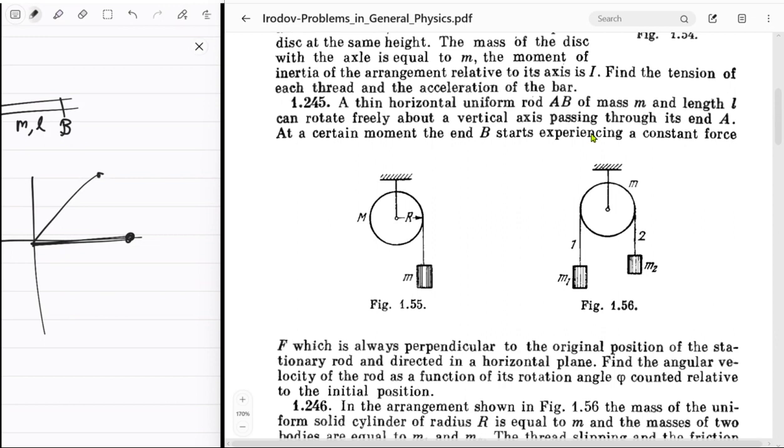So there is this force, sure, but there's also the force because of this rod itself. So it still goes in a circular orbit, circular motion, right? Is that what's happening? I think so. Right. Then yeah, okay, find the angular velocity of the rod as a function of its rotation angle counted relative to the initial position, right?